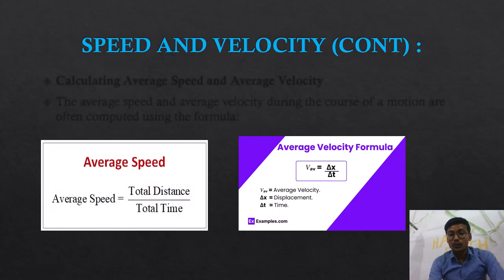And what is velocity? The velocity formula is V_av, which means average velocity, equal to delta x, which means displacement, divided by delta t, the time taken.